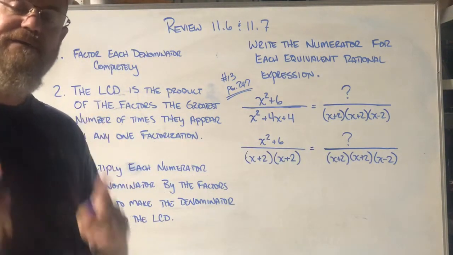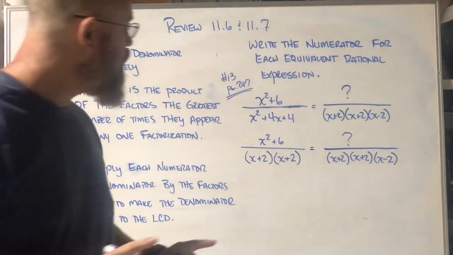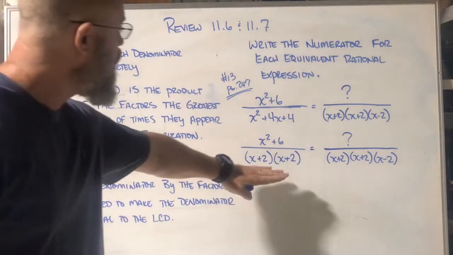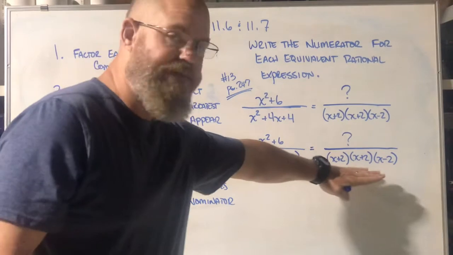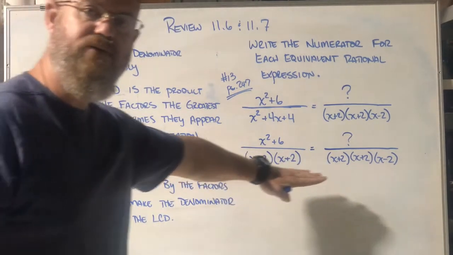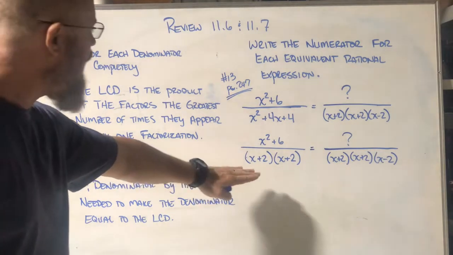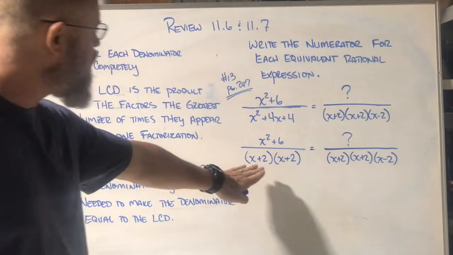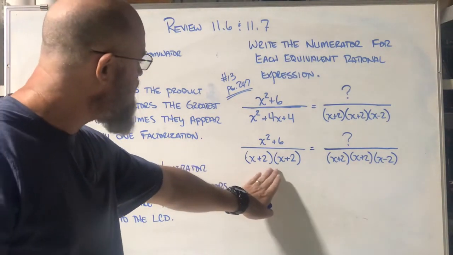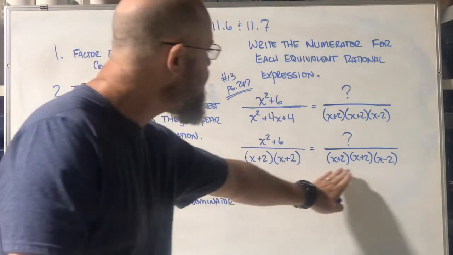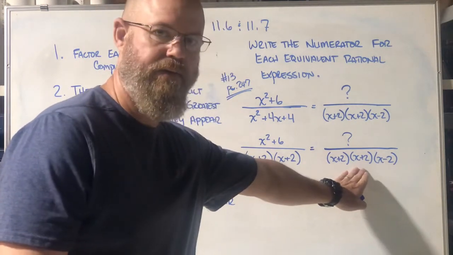In order to find that, the first thing we need to do is find the difference in the two denominators. What happened to the denominator to change this denominator into this denominator?